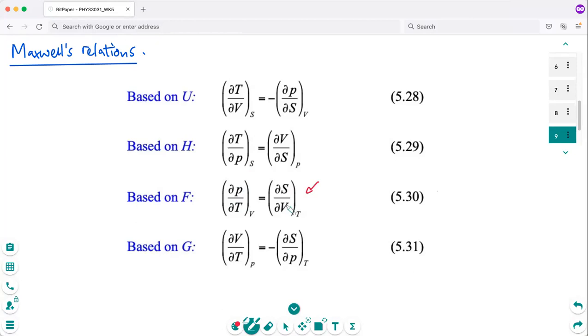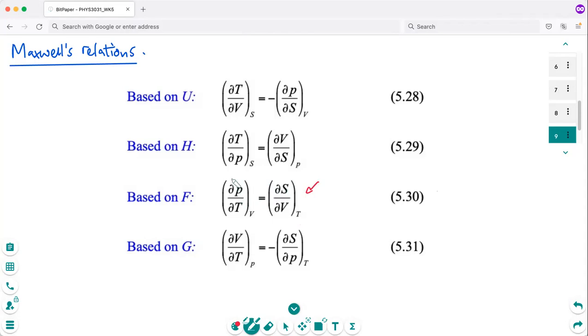This is a very difficult differential to even imagine, right? I change the volume, the entropy of my thermodynamic system changes. This is a very, very difficult concept to visualize to begin with, not to mention measuring it. But the Maxwell relation tells you how to proceed. This is an identity.